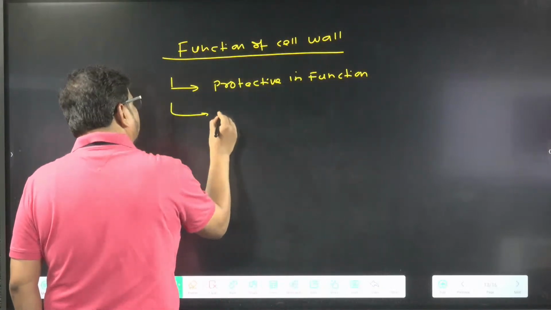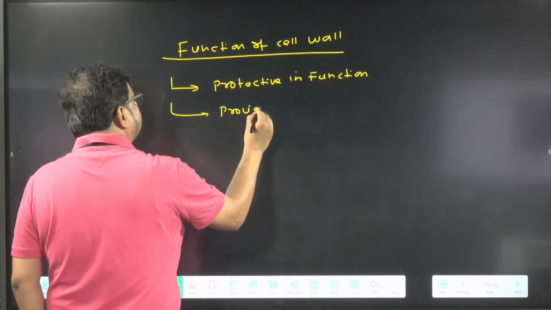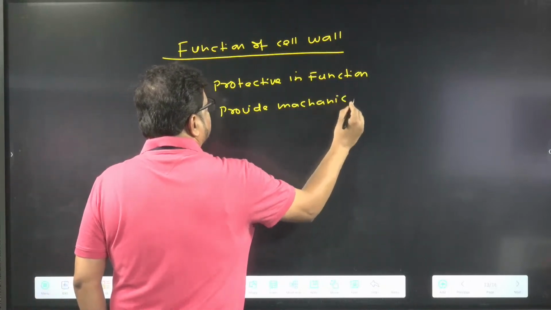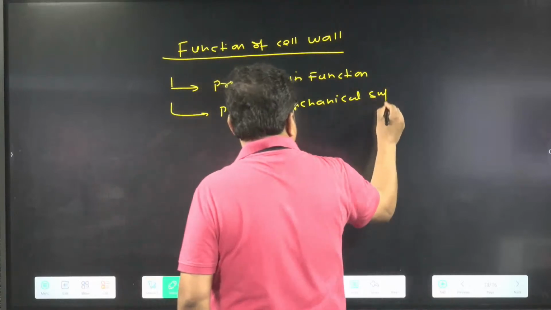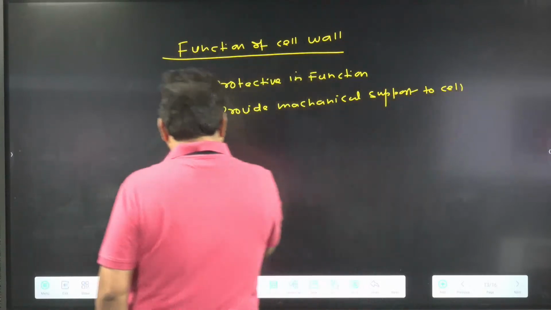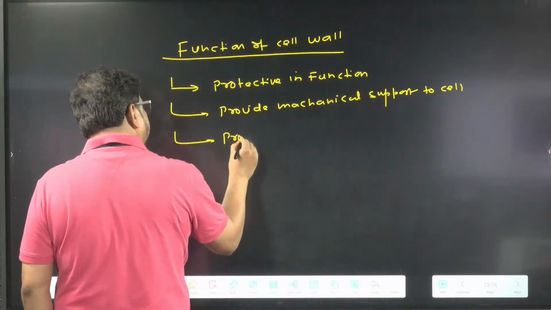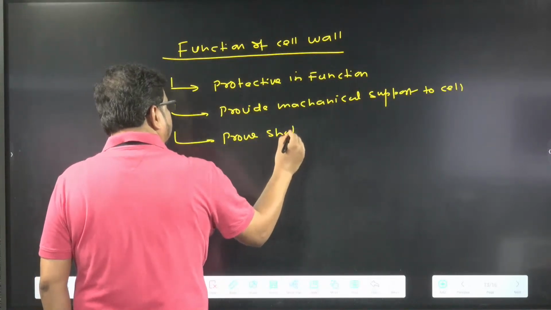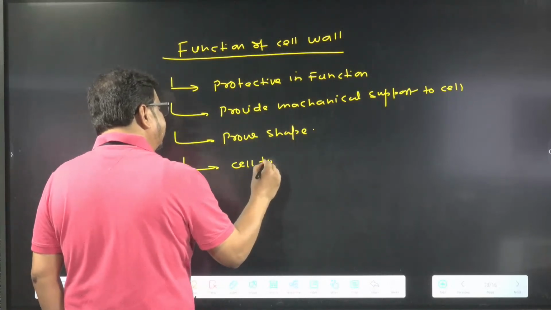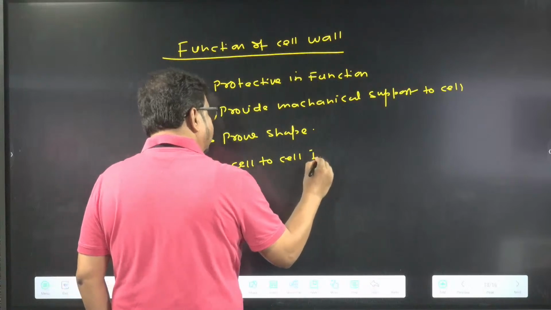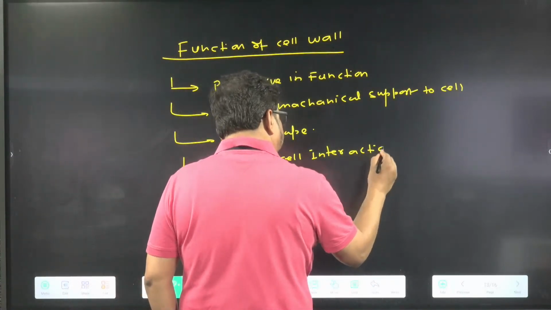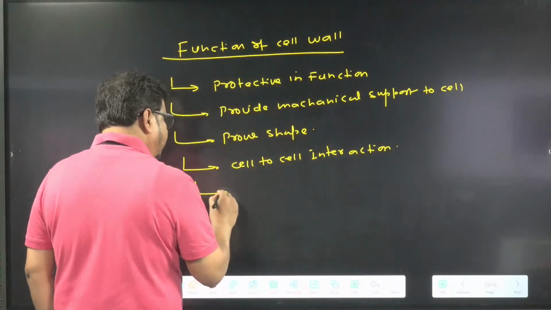It provides mechanical support to the cell. It provides shape to the cell. It is responsible for cell to cell interaction. NCERT wrote this line. Cell to cell interaction. Getting the things.